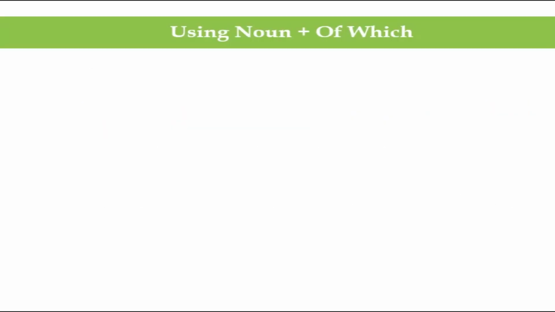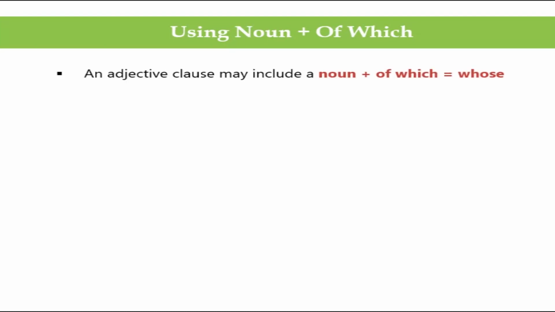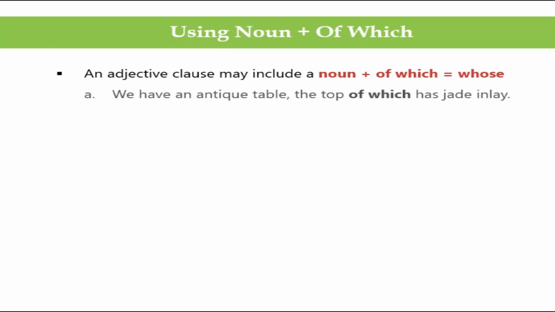So now move on to our fifth main point about using noun plus of which. An adjective clause may include a noun plus of which, equal to whose. For example, A. We have an antique table, the top of which has jade inlay.